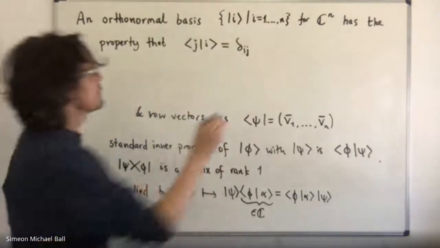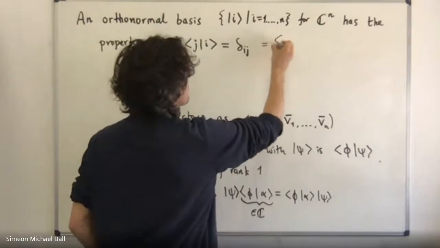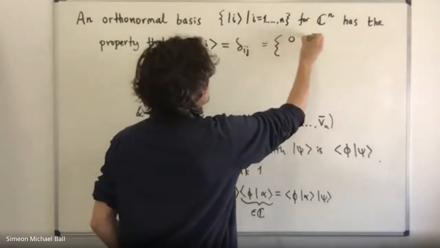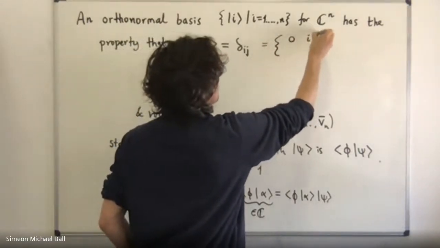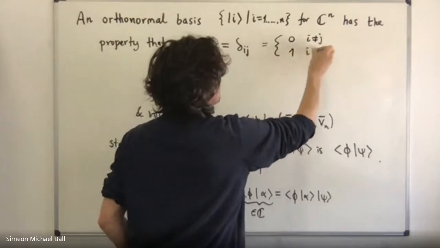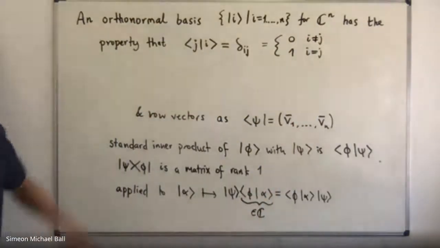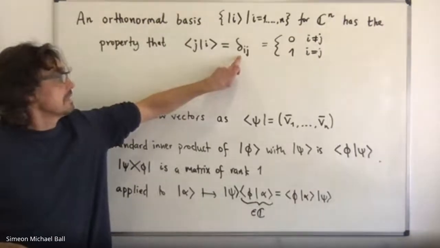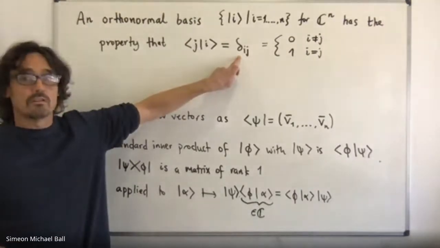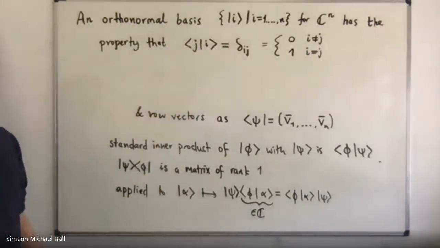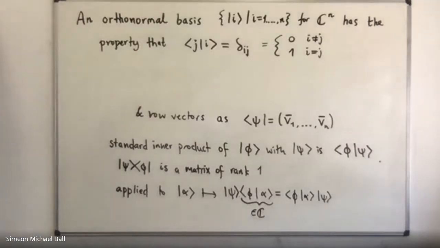This is the Kronecker delta that you're used to seeing: 0 if i is not equal to j, and 1 otherwise. We will use this Kronecker delta quite a lot. So that's an orthonormal basis.